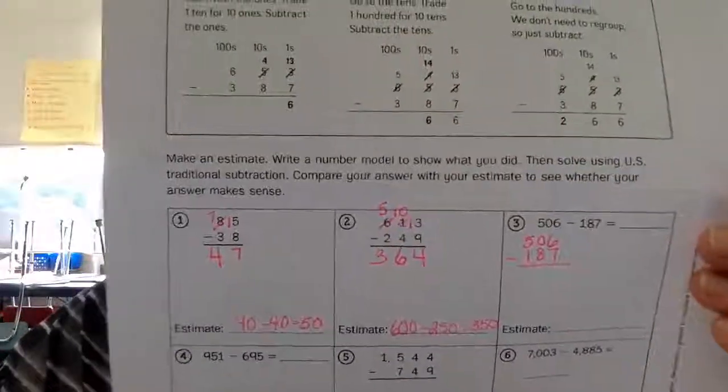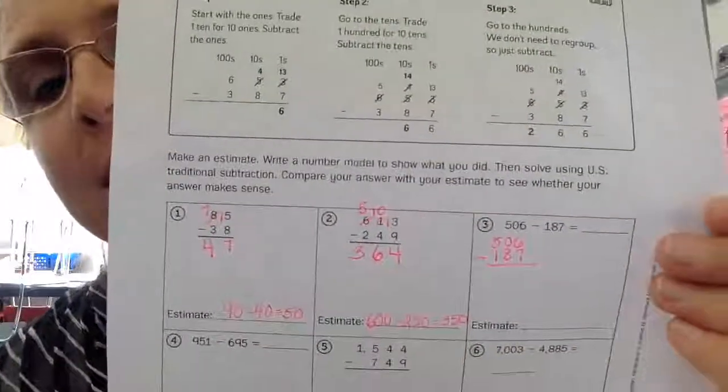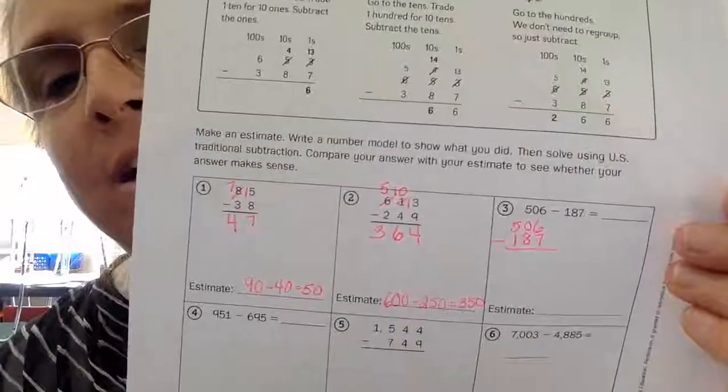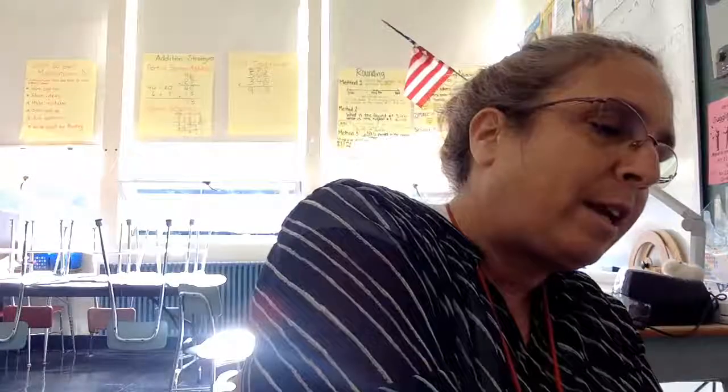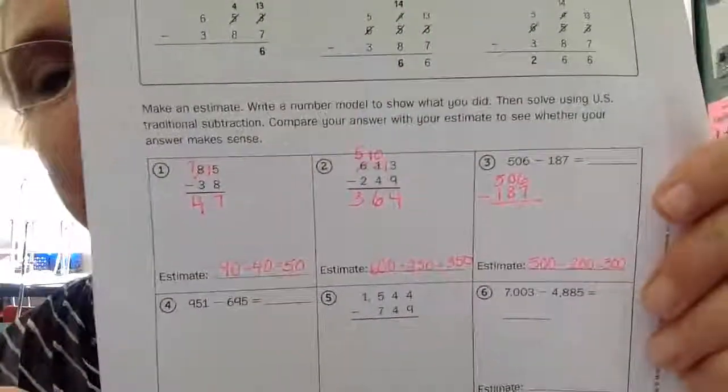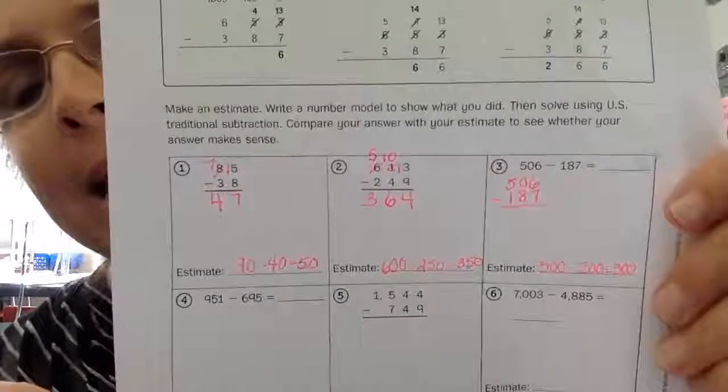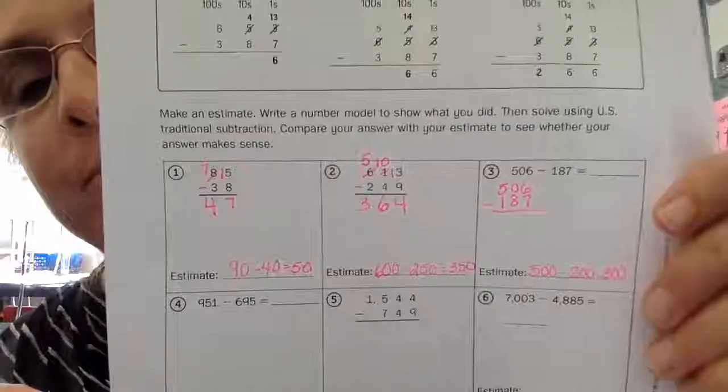So 506 minus 187, I'm going to estimate that to be 500 minus 200, which equals 300. So my answer should come out to be close to 300.